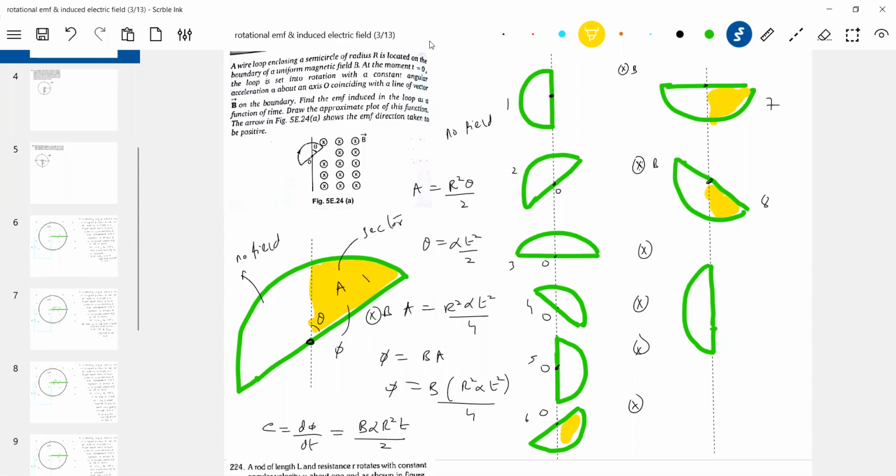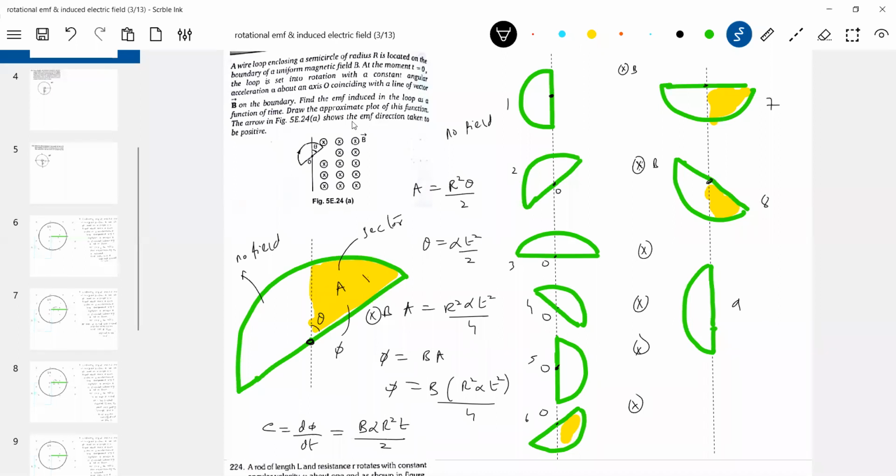So shall I say, from 1 to 5 flux will increase, and from 5 to 9 the flux will decrease. So flux is varying, no? Now we have to plot that one. The rate of change of flux, d phi by dt, will it be constant? That's what I'm asking. How to plot that graph?